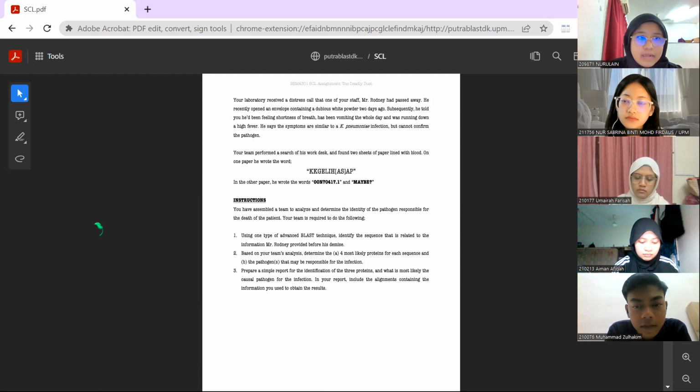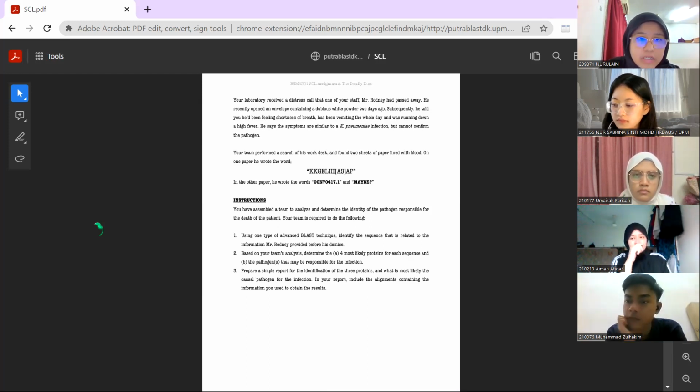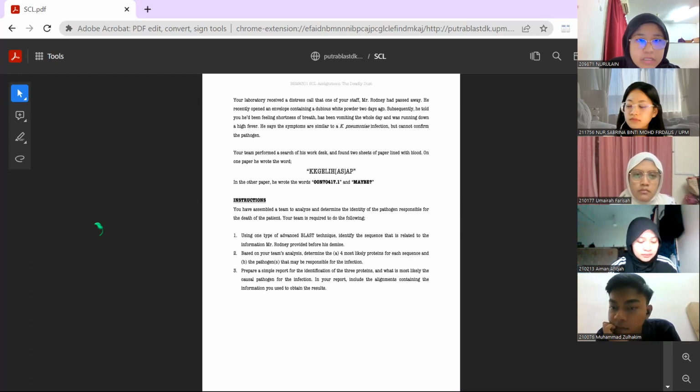Next, in the result list, the first sequence that matched the query pattern was Bacillus cereus. This indicates that Bacillus cereus is the most similar to the query and shares the highest percentage of identity. Bacillus cereus is a gram-positive bacterium that can produce toxin and is commonly found in soil, vegetation, and food. It often causes intestinal illness characterized by nausea, vomiting, and diarrhea.